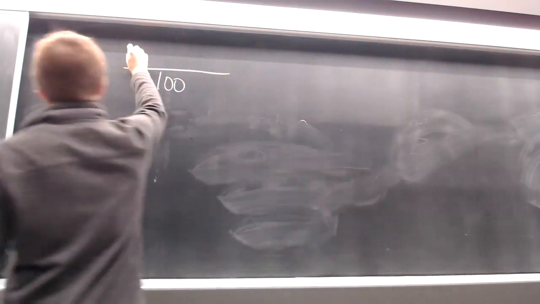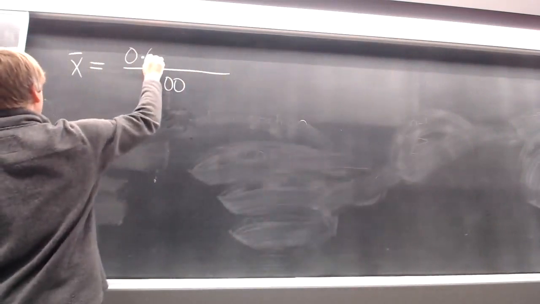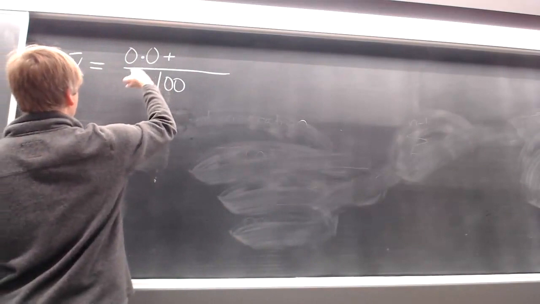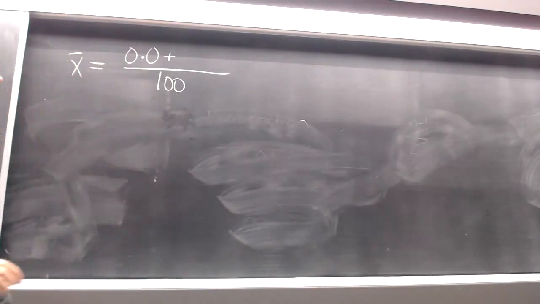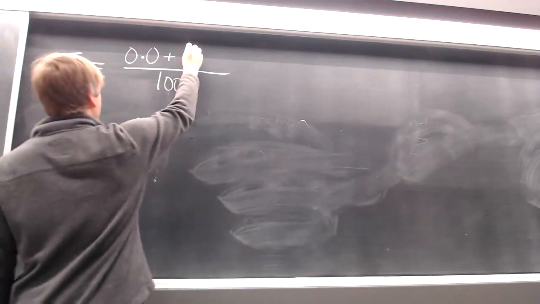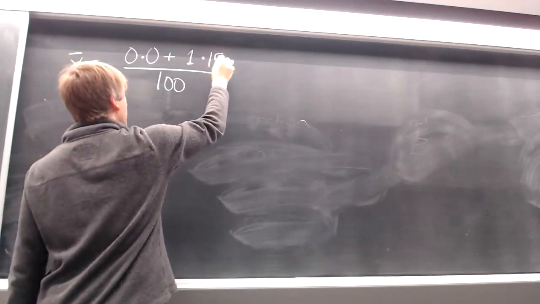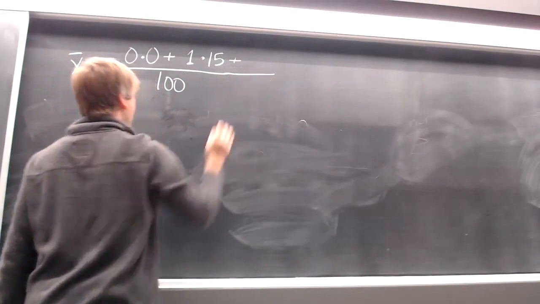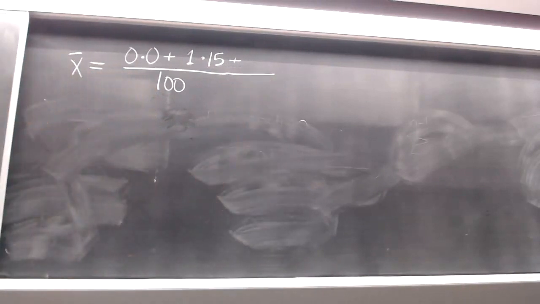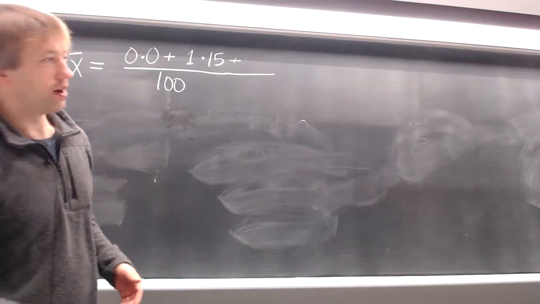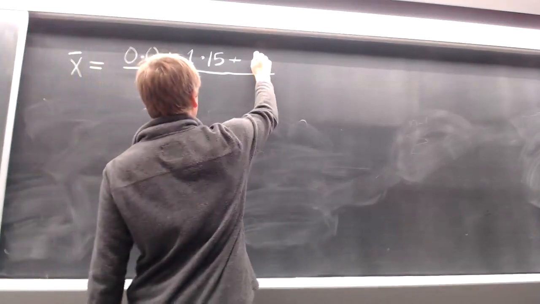So on the top I've got 0 people who said 0. I've got 15 people who said 1. So it's like I've got 15 1s in this numerator, but I can just write that as 15 times 1. There are 35 people who said 2.